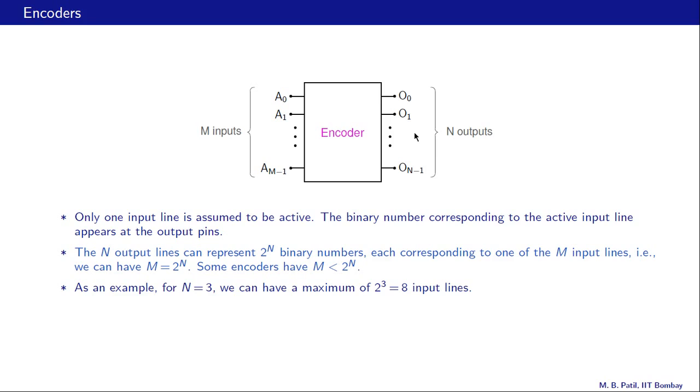The answer is 2 raised to 3, that is 8 different binary numbers. And each of those binary numbers can correspond to one of these input lines. So therefore we can have a maximum of 2 raised to 3 or 8 input lines. Only then we can have a one-to-one correspondence between the inputs and the outputs. We will take some examples and then this will become clear.